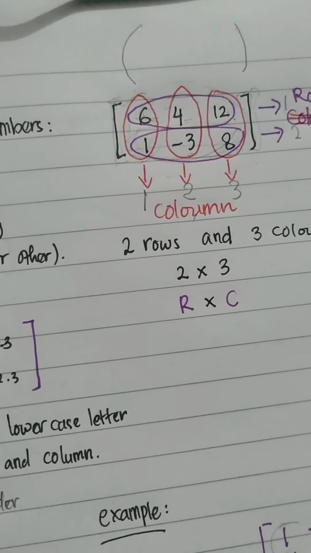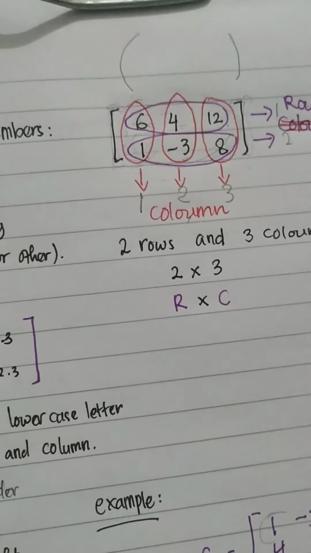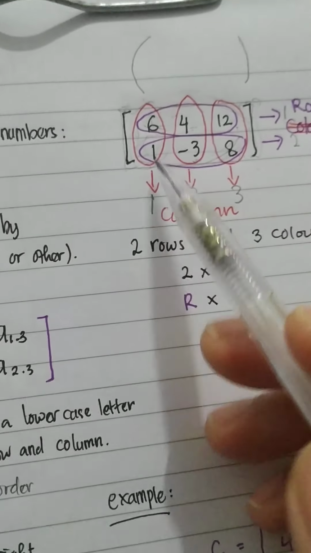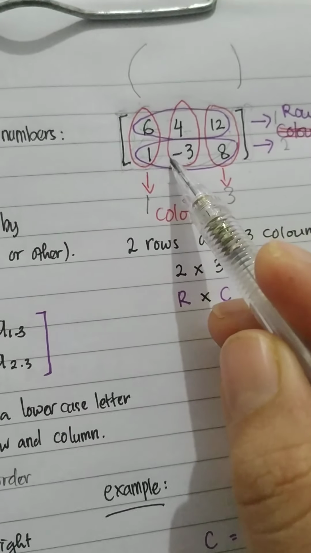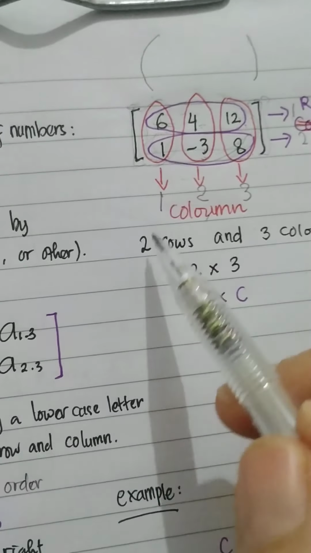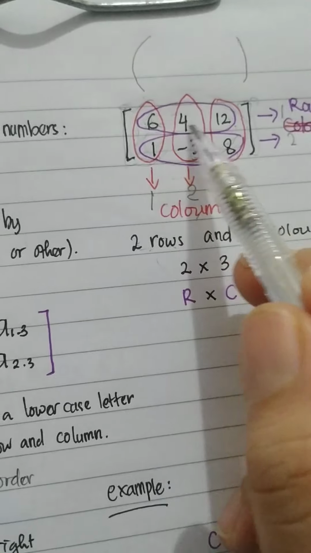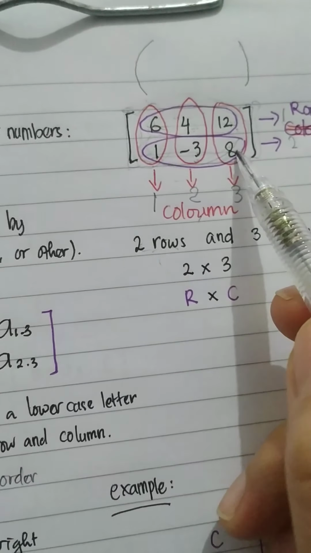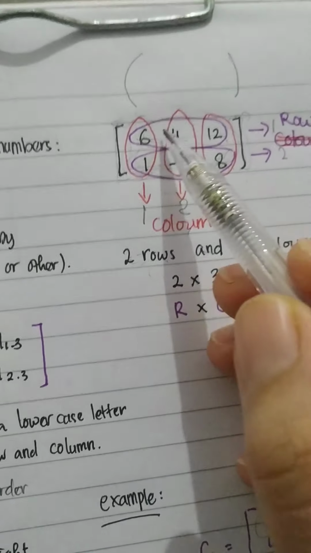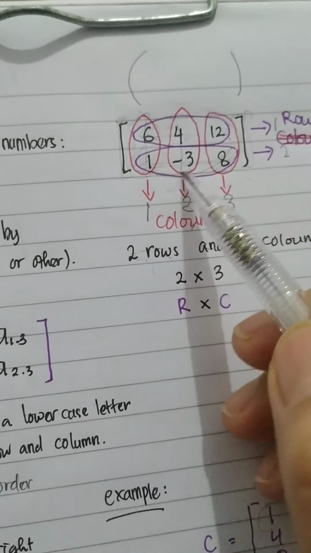So if someone asks how many rows and how many columns this matrix has, there are 2 rows, 1 and 2. There are 2 rows, and 3 columns, 1, 2, 3.